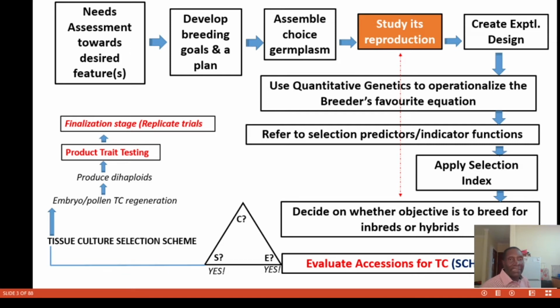We have looked at the limited aspects of the quantitative genetics to operationalize the breeder's equation. In fact, we'll be moving into that if we have not done so. And we will then look at a few other things that follow this sequence in this table, in this scheme. It's very important to keep track of it.